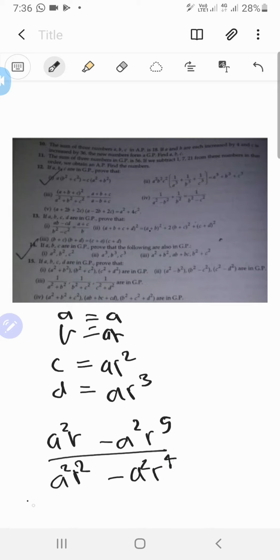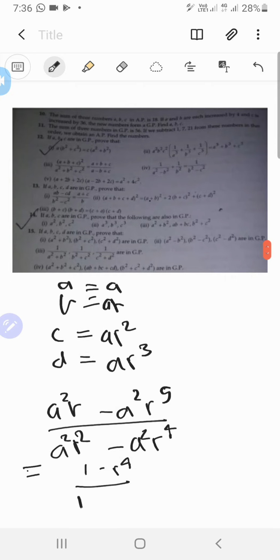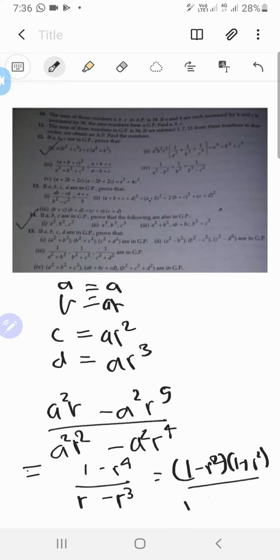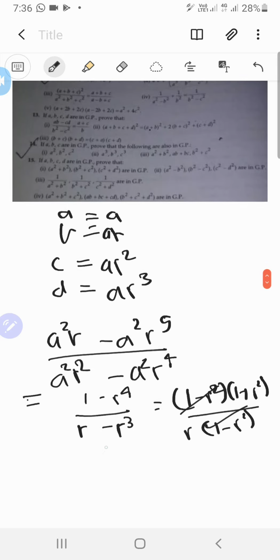That equals 1 minus R to the 4th upon R minus R to the 3rd, which is 1 minus R squared into 1 plus R squared upon R into 1 minus R squared. This is going to be 1 plus R squared upon R.